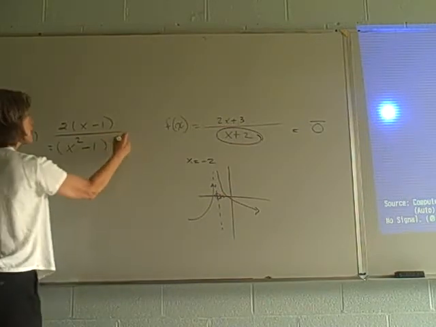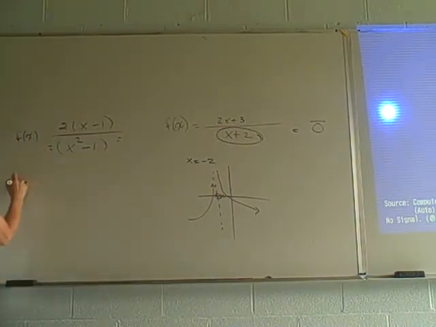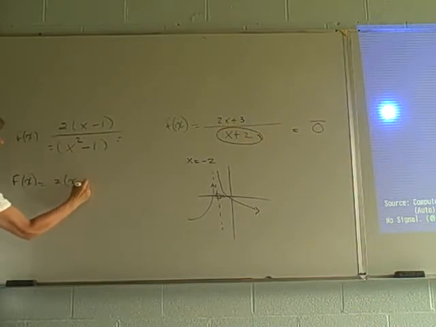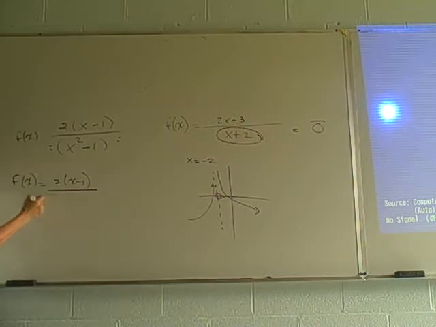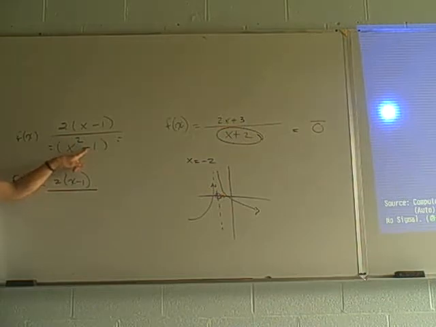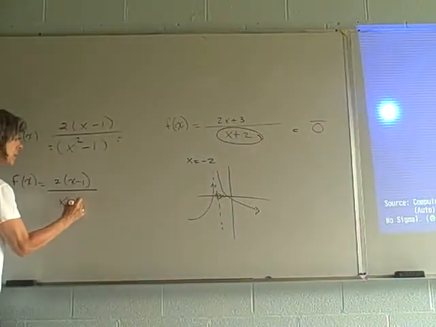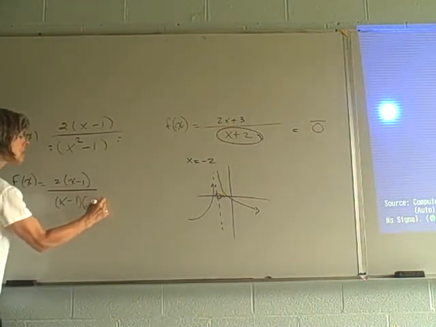In this case, can I factor these and have f of x equal to 2x minus 1, and what's in my denominator? It's x squared minus 1. Difference of perfect squares. So what does this equal? x minus 1, x plus 1.